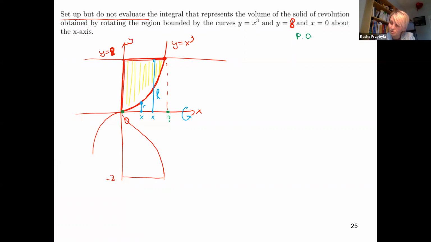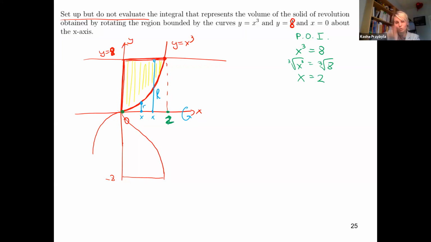Function x cubed must be equal to 8. That's the reason I picked 8. We take the cube root of both sides, and this will give me x. And what is cube root of 8? Yeah, 2.